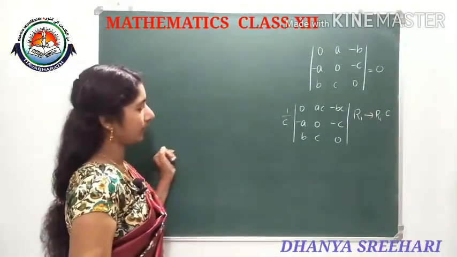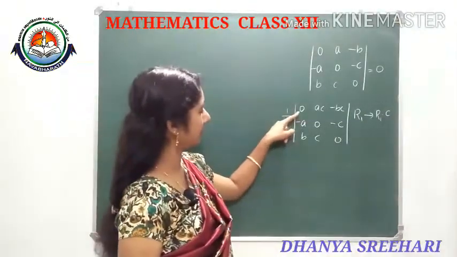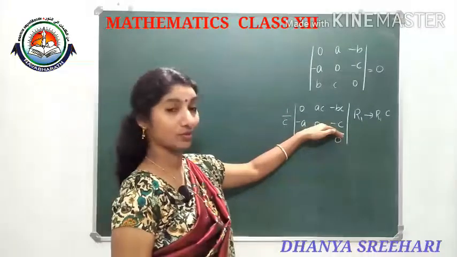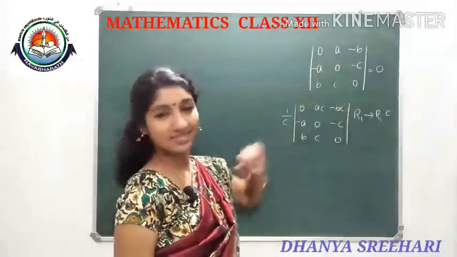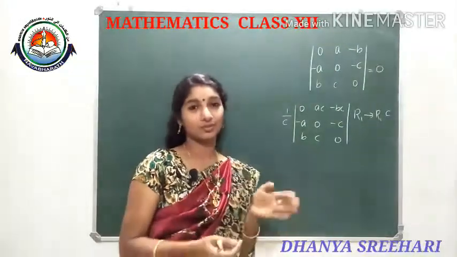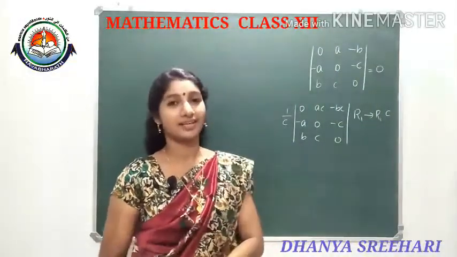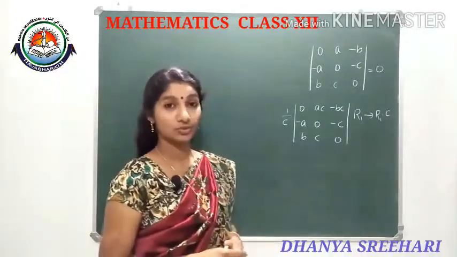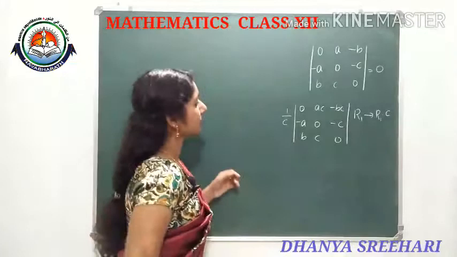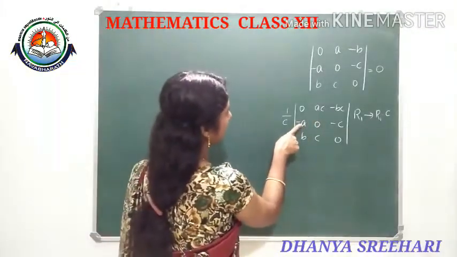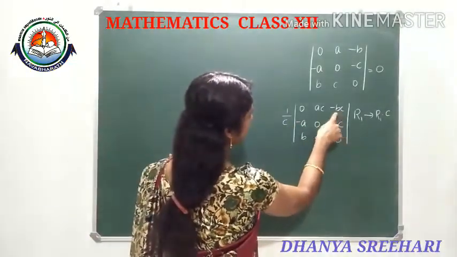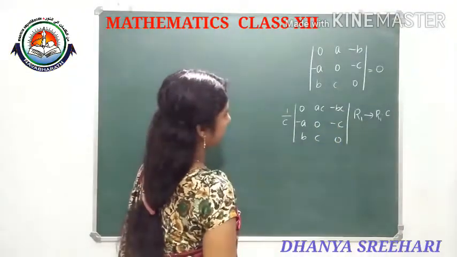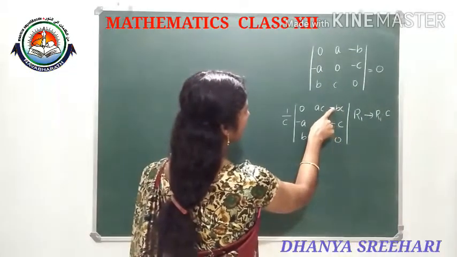Now what we can do, I am going to make any two rows or any two columns identical because the answer is 0. So when two rows are identical, we can directly write its determinant value is equal to 0. Okay, so I am going to try to make any two rows identical. So for that, here BC is there, no? BC 0, this we can make it as 0.